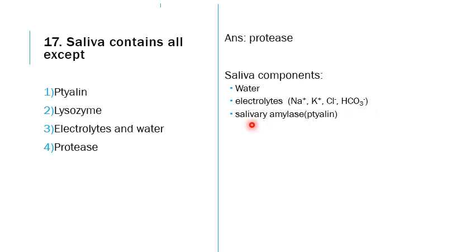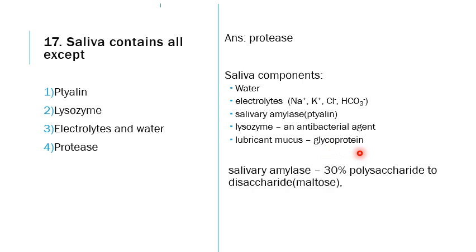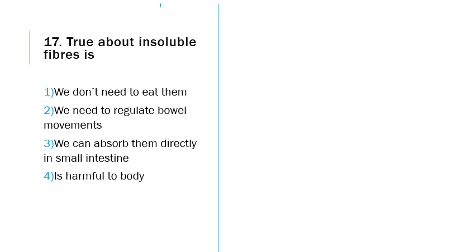Then the salivary amylase, or ptyalin, digests the carbohydrate, and for protection we have the lysozyme that kills the microbes, and then the lubricant mucus, which is a form of glycoprotein. Another point to notice: salivary amylase breaks down about 30% of the ingested complex carbohydrate.